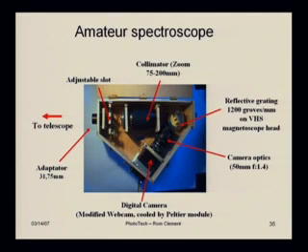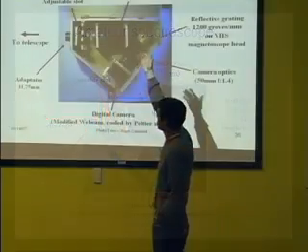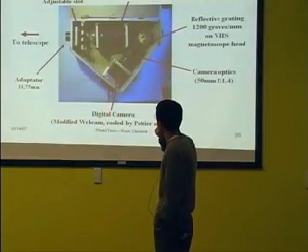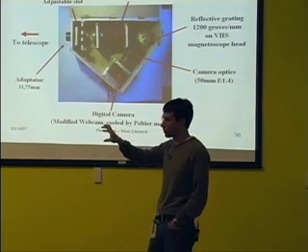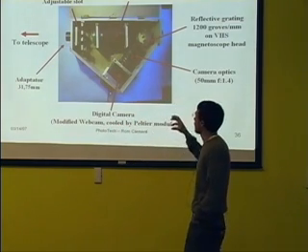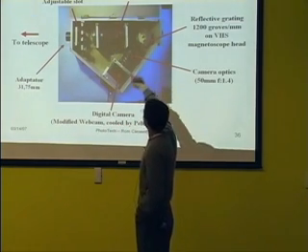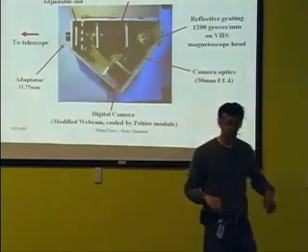So this is an example of a spectroscope that I made a couple of years ago. It's for a telescope, so you put this at the back of the telescope. I was using a collimator, which is just a zoom, to make sure the beam of light is parallel.